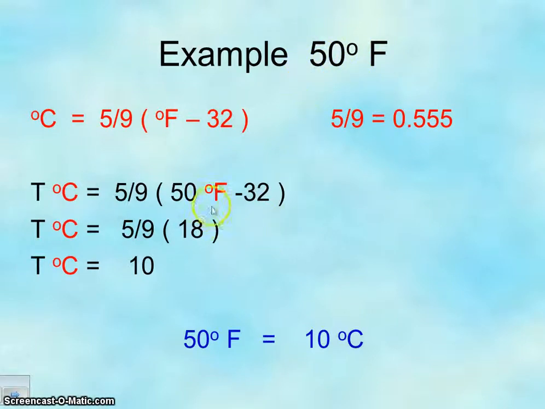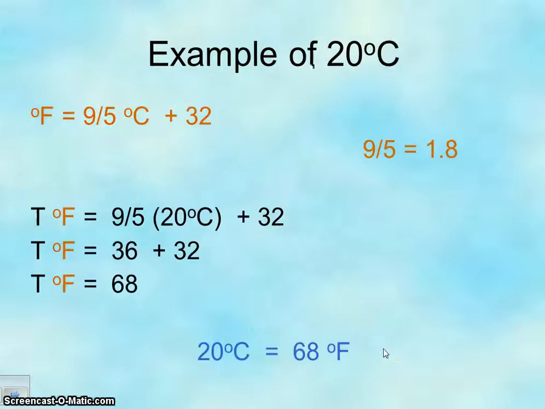I'm going to take my 50 degrees Fahrenheit and subtract 32. I get 18. Multiply by 5/9, or that 0.555, and I get 10. So I have 50 degrees Fahrenheit equals 10 degrees Celsius.